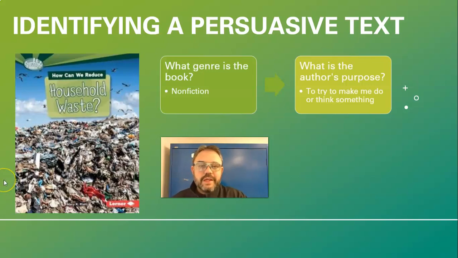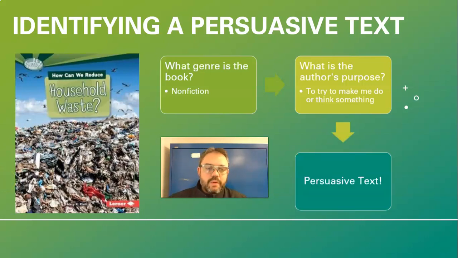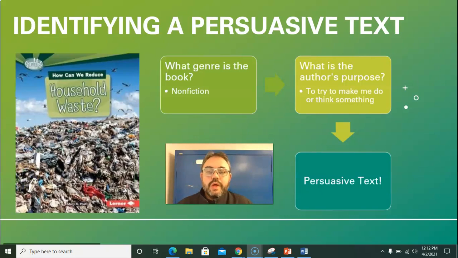So if I can answer those two questions with these specific answers, pow! Persuasive text. So pretty simple ways, not a very complicated process to help us understand or identify persuasive text. But there is quite a few more steps and skills when we address these. So let's look at some of those now.